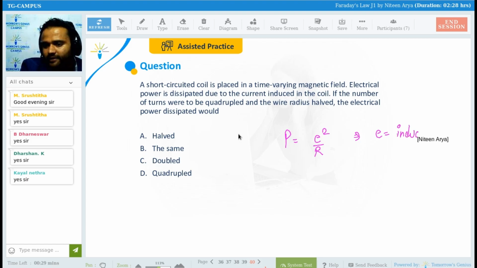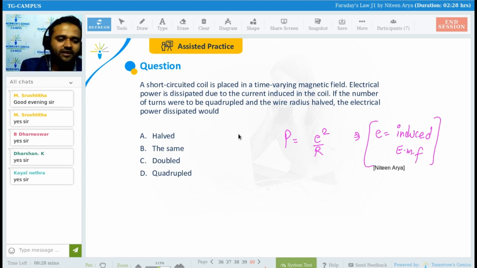Now you find it and tell me. So find induced EMF, square it and tell me how much it is going to be. Half, same, double, quadruple? Tell me the answer.